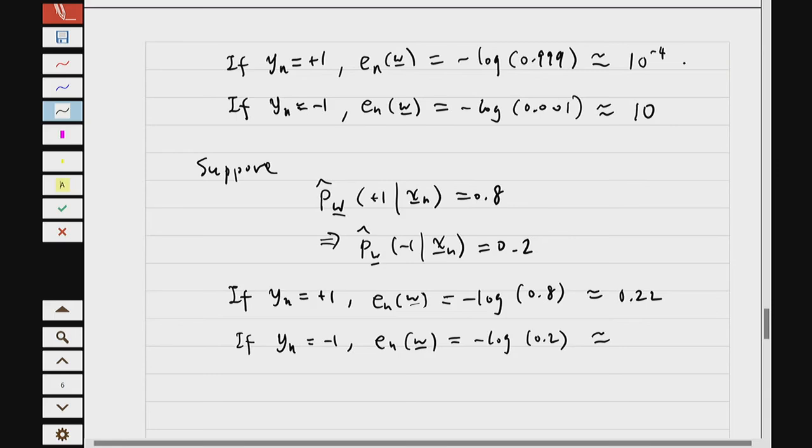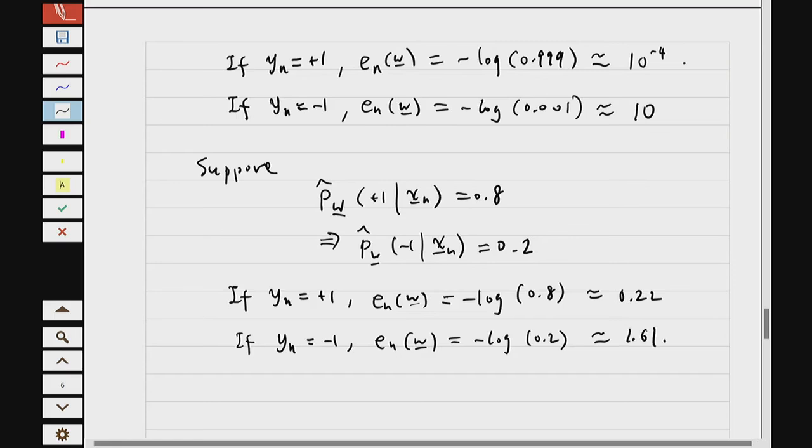Just from a conceptual way, your guess says that I think this is more likely to be +1 than -1. I'm 80% sure that it's +1, only 20% sure it's -1. If it turns out that your guess is actually wrong, because you said 80%, you should have a higher error in this case. So it should definitely be higher than 0.22. It turns out, yes, it comes out to be 1.61.